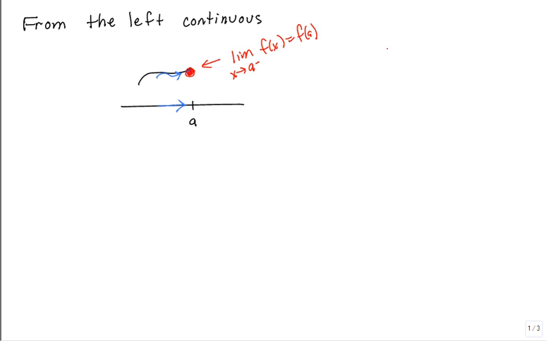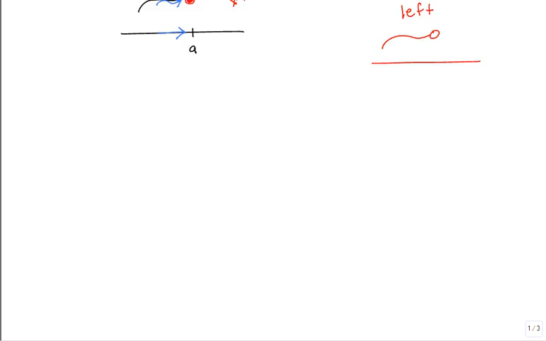This is not continuous from the left. So if you go to there, because the point doesn't exist, f of a doesn't exist. And continuous from the right, as long as you have an endpoint, that means the graph's coming in like this.